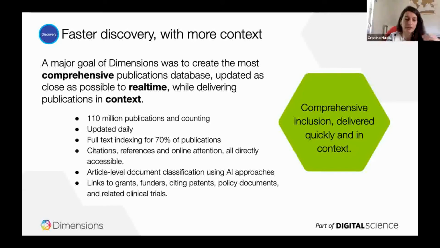And the other two things that I'm kind of excited about when I start doing my own analyses are the article level classifications. So we don't apply journal level classification, and I will get into that a bit later, but rather use an article level classification by understanding what the article is actually about, regardless of where it was published, and also all the linkages to all the other content types.